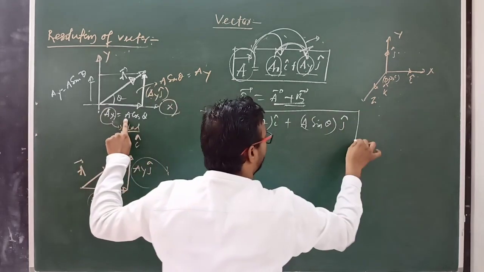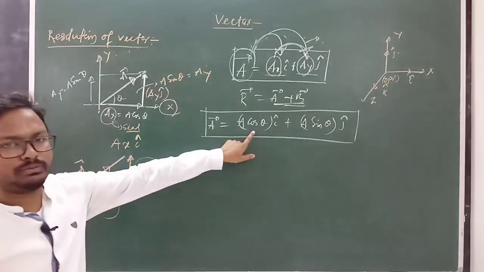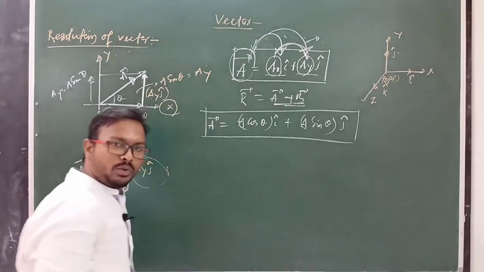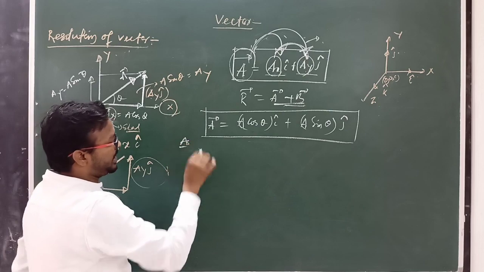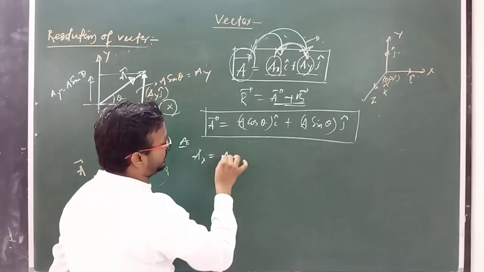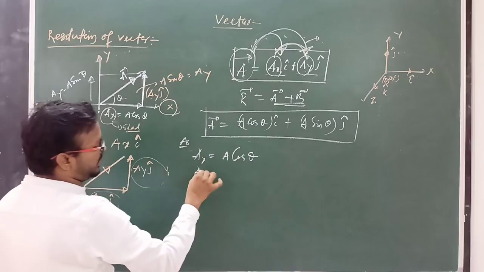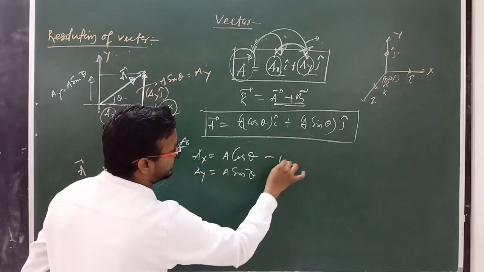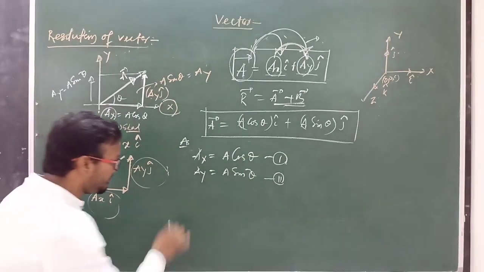This is the vector a in terms of rectangular components, a cos theta on the x axis and a sin theta on the y axis. So we have two relations: ax equal to a cos theta and ay equal to a sin theta. This is equation number 1, this is equation number 2.